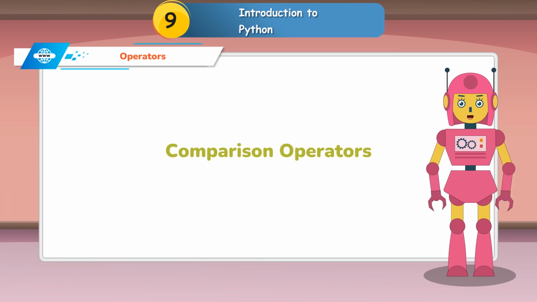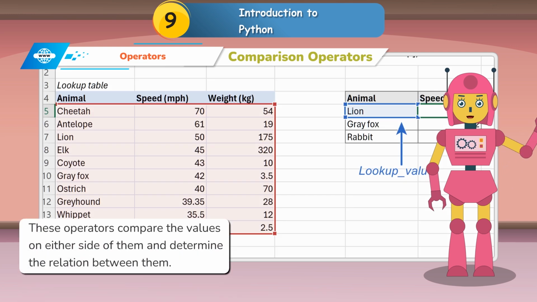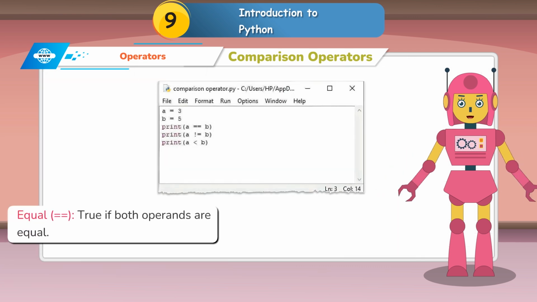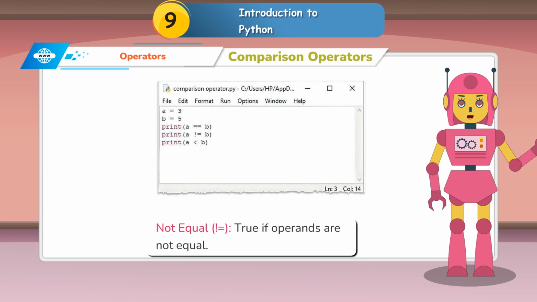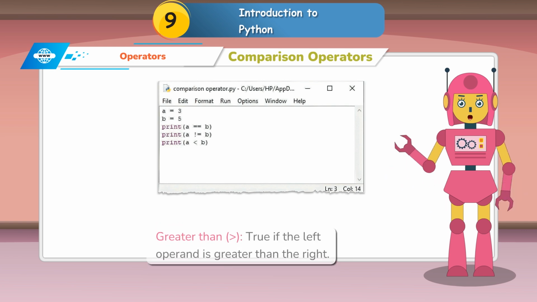Comparison operators. These operators compare the values on either side of them and determine the relation between them. Equal, equals sign, true if both operands are equal. Not equal, true if operands are not equal.